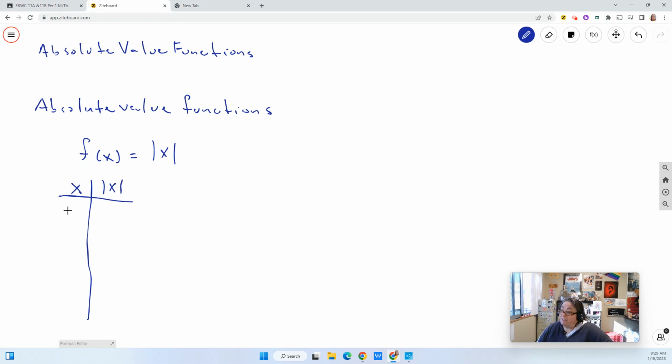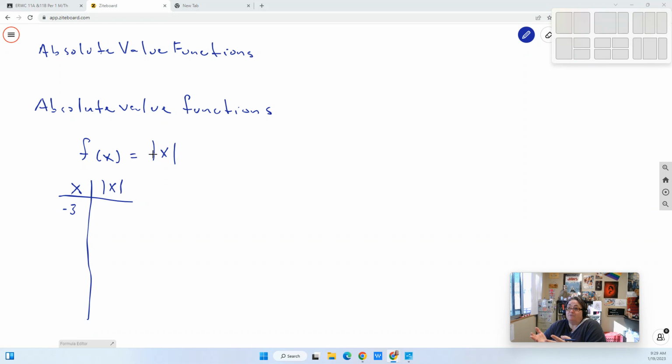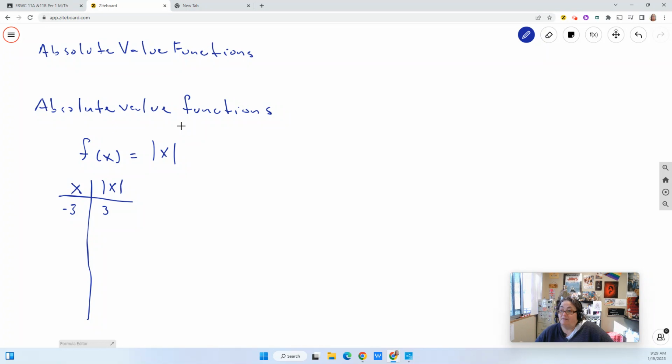If I plugged in -3 into the absolute value, remember, absolute values are always positive, because we're talking about a distance from 0. If I have -3 in there, it's still only a distance of 3 from 0. If I plugged in -2, I would get 2. If I plugged in -1, I'd get 1. If I plugged in 0, well, 0 is still just 0, right?